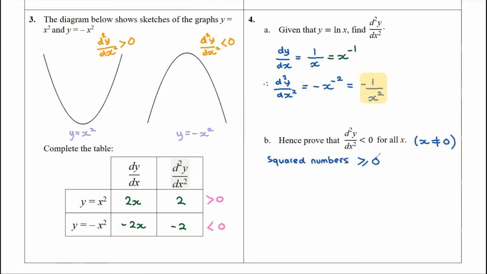So if x is non-zero, but it's also a real number, then x squared is going to be greater than 0. That is just a fact. Positive numbers are always positive. And we'll exclude 0 from this argument.